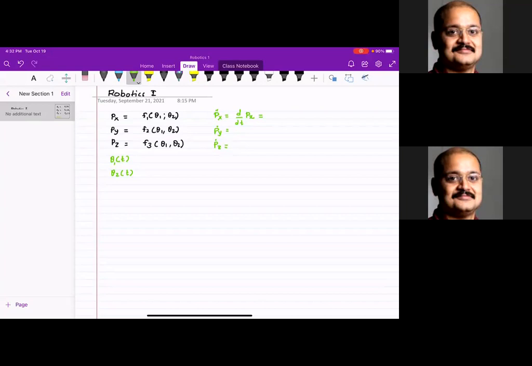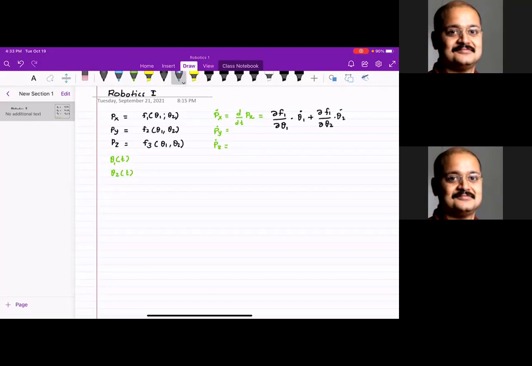If you want to differentiate, you have to use the chain rule. And that chain rule is something like this: partial f1. So I'll write this down here. Partial f1 divided by partial theta 1 multiplied by theta 1 dot plus partial f1 divided by partial theta 2 multiplied by theta 2 dot.